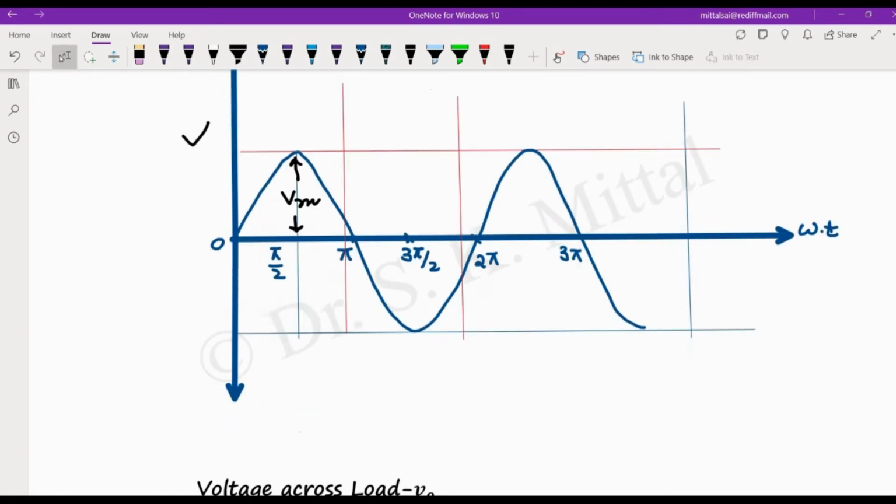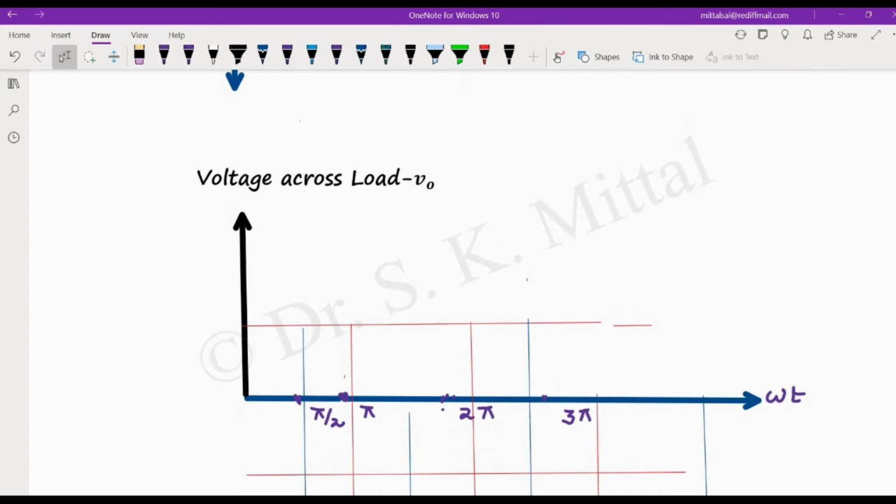Now if we draw the voltage across the capacitive load, we know the voltage across the capacitive load V0 is equal to Vm sin omega t. From this expression we can draw the waveform.